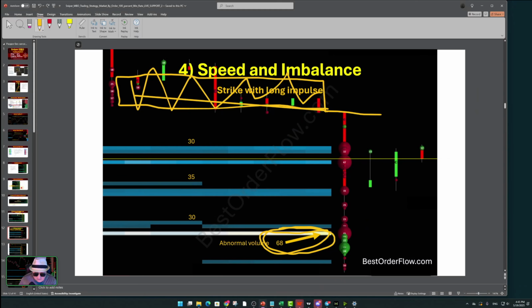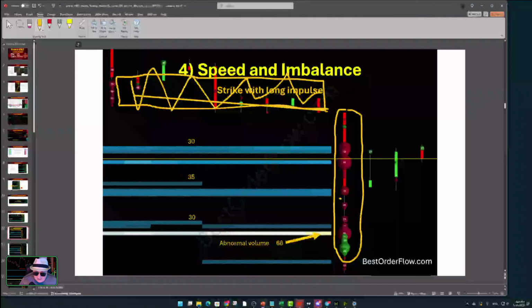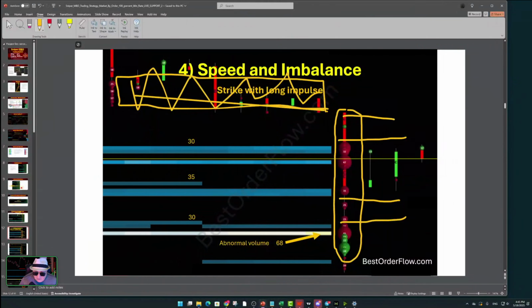But because we understand that when the price creates this extension, it's called imbalance. It always wants to come back into this area, and retrade those areas.